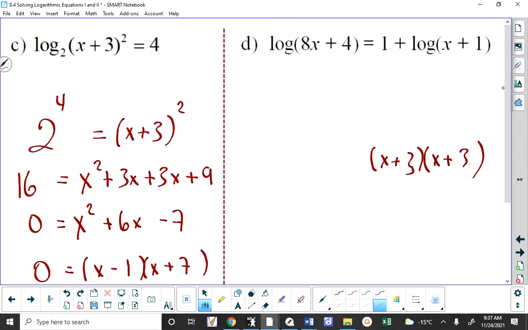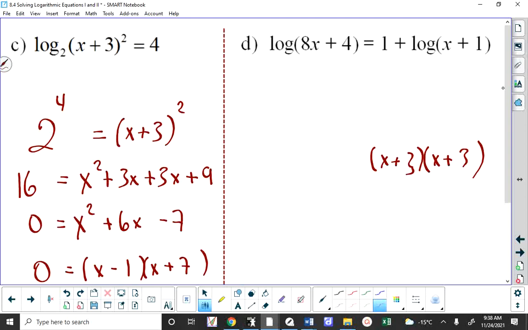If I were to put 1 in, will the argument be positive? Definitely. If I were to put negative 7 in, will the argument be positive? Yes, because it's squared, because it's x plus 3 squared. So you put negative 7 plus 3 is negative 4, squared is positive 16.